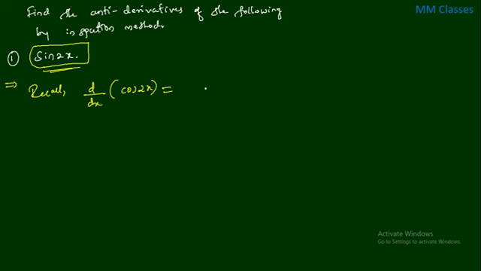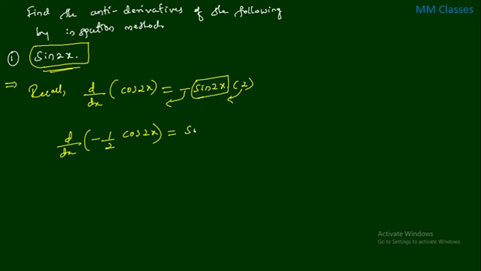What is the differentiation of cos 2x? Minus sine 2x into 2. My concentration is on this sine 2x, so let me take the minus and the 2 to the left hand side. So d by dx of minus 1 by 2 cos 2x is equal to sine 2x in the RHS.